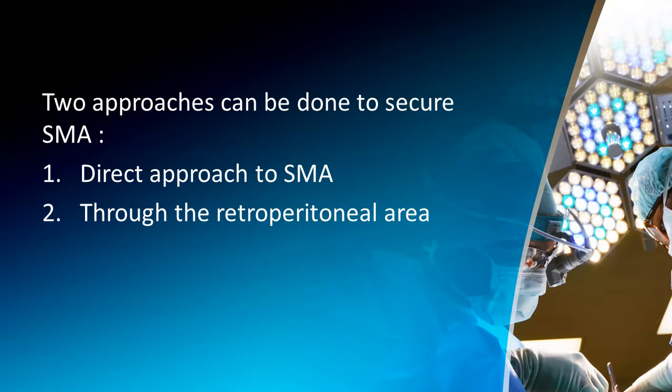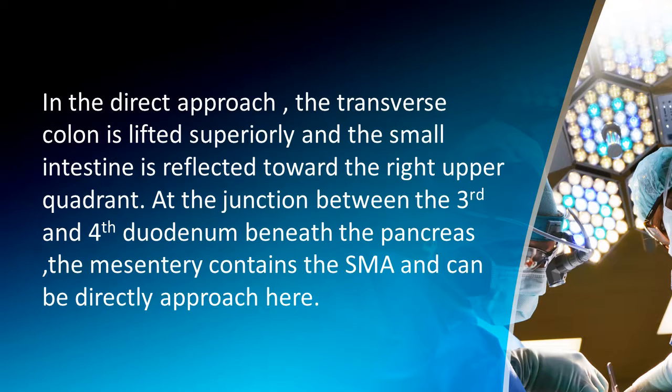Two approaches can be done to secure the SMA: a direct approach to the SMA or through the retroperitoneal area. In the direct approach, the transverse colon is lifted superiorly and the small intestine is reflected toward the right upper quadrant at the junction between the third and fourth duodenum beneath the pancreas.